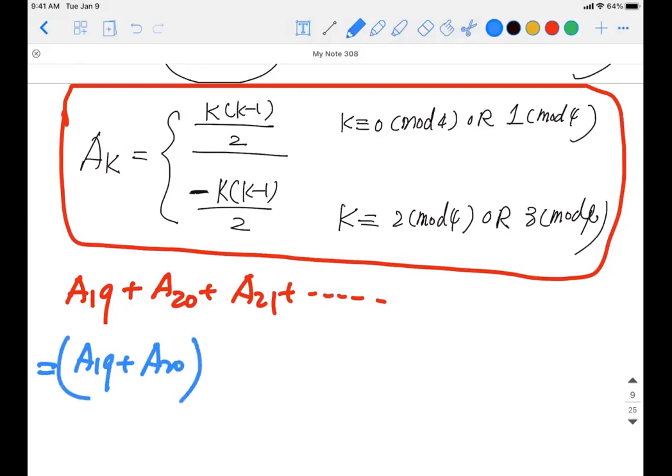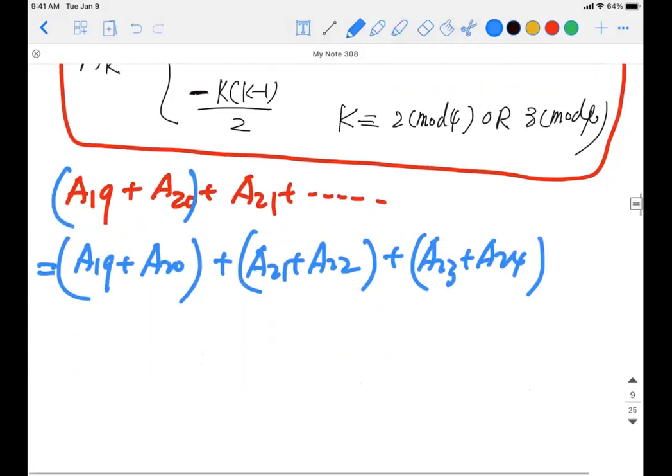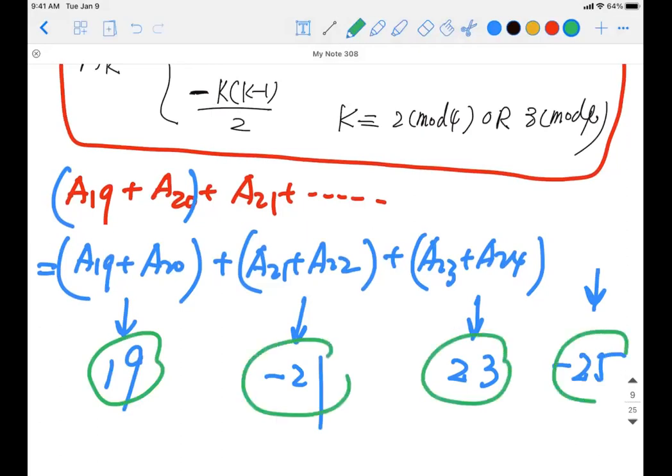If I put a bracket here, 21 plus 22, I put a bracket, 23 plus 24. You just have to plug in the values. There's nothing really tricky. This is going to be your 19. This is going to be minus 21. This is going to be positive 23. The next one is going to be negative 25. It's always going to be the odd numbers, but you're going to have positive and negative alternately.